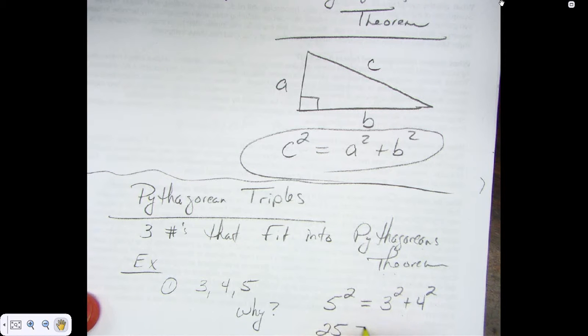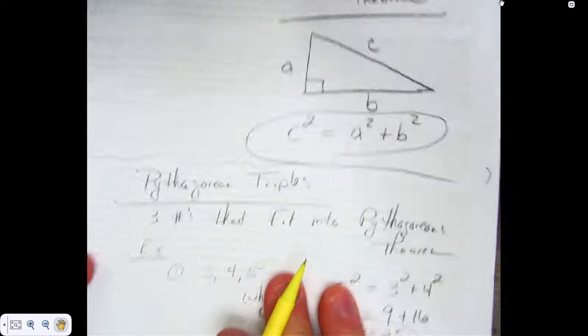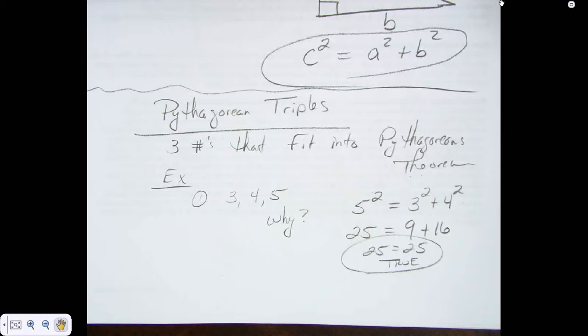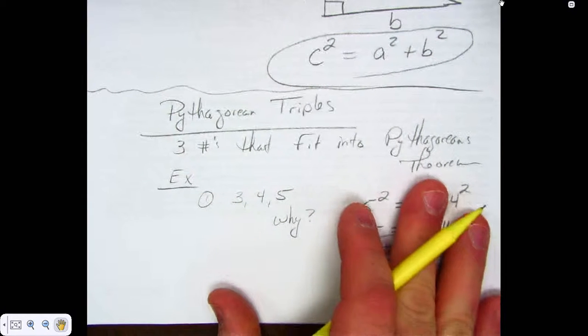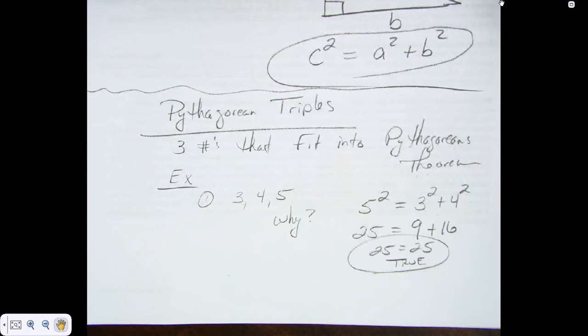So 25 is equal to what? 9 plus 16. Is that true? Is 25 equal to 25? That is a true statement. That's why these are Pythagorean triples, because they fit into Pythagorean's theorem. That's it, and that's that.